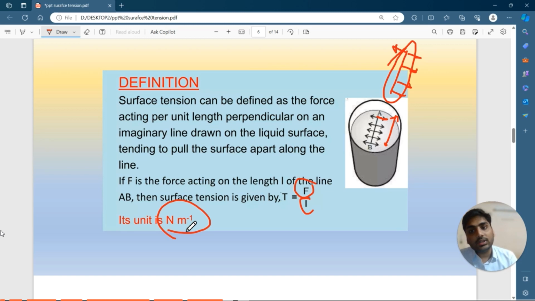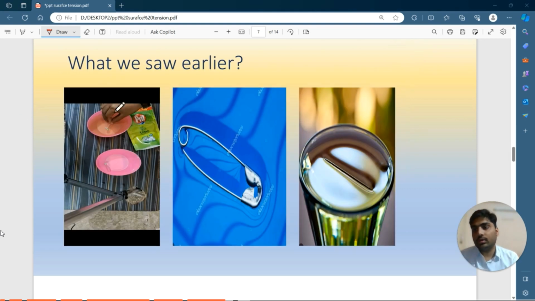Now we will be able to easily explain why the safety pin floats on tap water. This is what we saw in our experiment. We were floating the safety pin on tap water and soap solution. This is how it appears on the tap water, and it just sank in the soap solution.